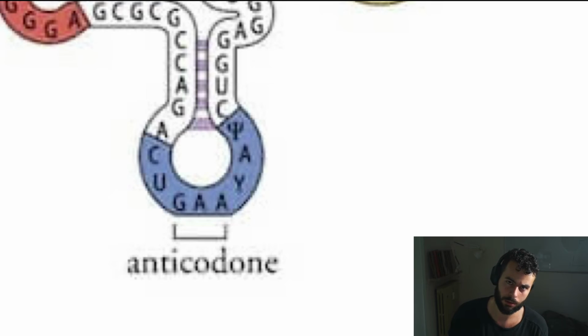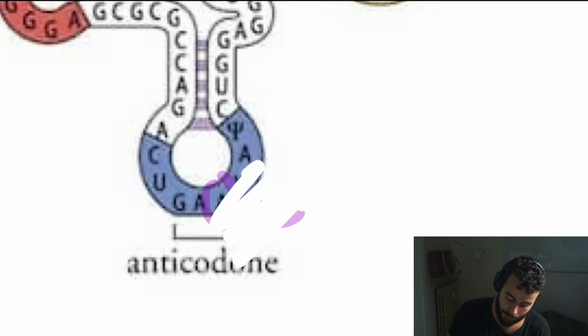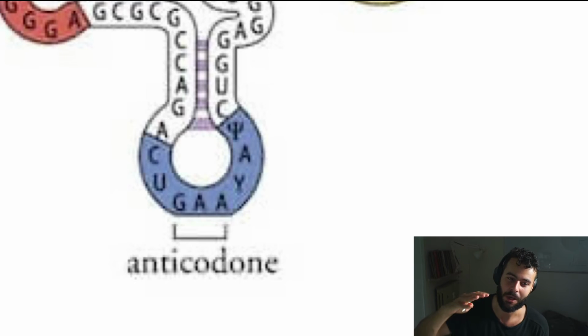And it's caused from the fact that the third place can form something funny called a wobbly connection, which I just quote from the Pearson book. Basically you don't fit all the way, but it still fits.